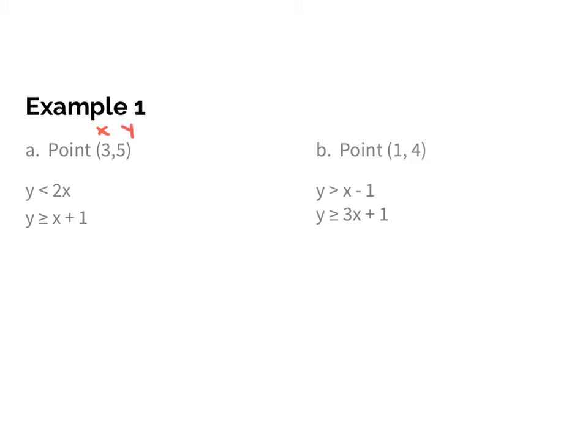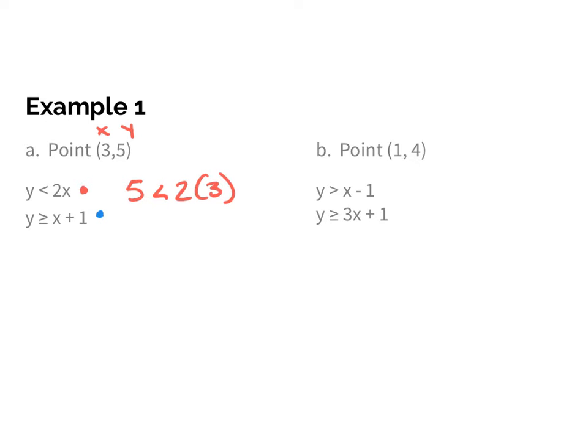What we're going to do is take x and y and substitute them into both these inequalities. I'll use the red for the first one and blue for the second one. So I'm going to plug in 5 where y goes, is less than 2 times x, and x in this case is 3. Notice I'm taking the y and x for my point and plugging it in for y and x in my inequality.